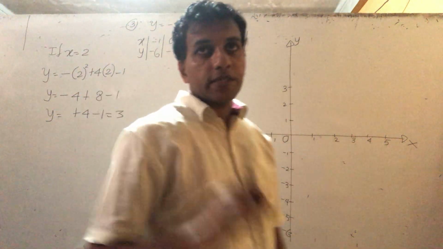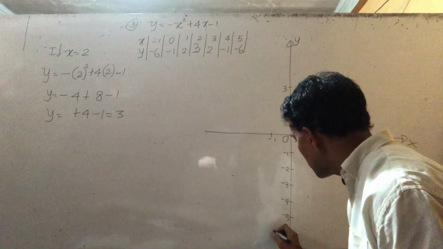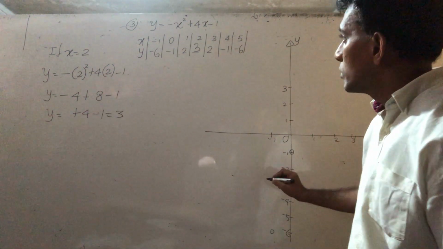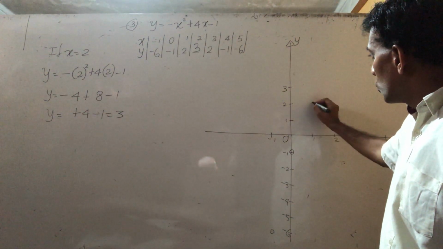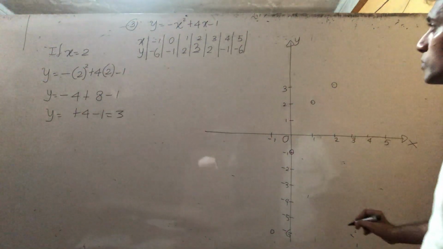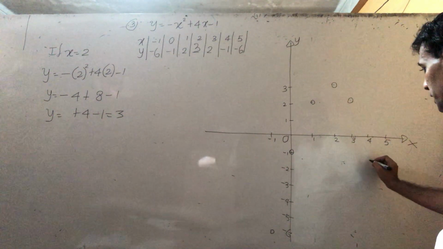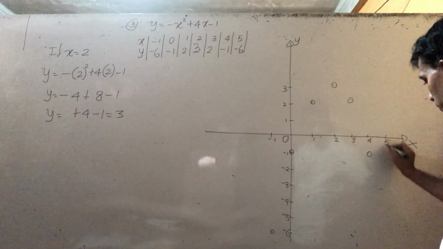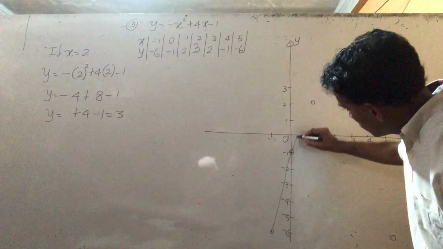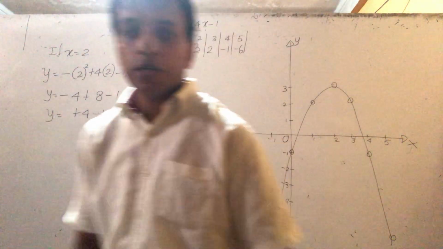Now mark by pencil the pairs of coordinates: x minus 1, y minus 6; x 0, y minus 1; x 1, y 2; x 2, y 3; x 3, y 2; x 4, y minus 1; and at last x 5, y minus 6. It's the maximum curve.